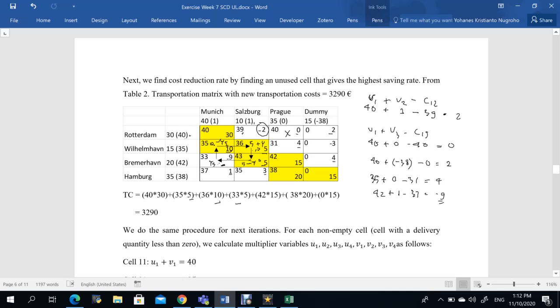Okay, 33 times 5, 42 times 15, there is no change with these cells, 38 times 20, and 0 times 15, and then we have 3290 as a new total cost.